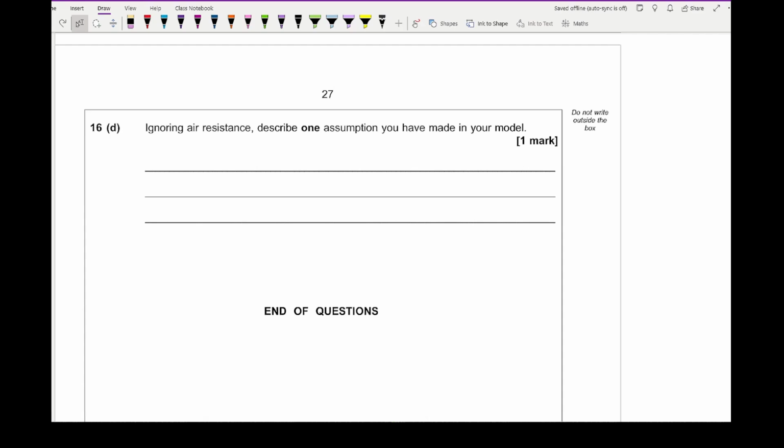So the go-to answer for this would be, we can assume that the particle, the weight, the mechanism, however you want to describe it, does not collide with the pulley.